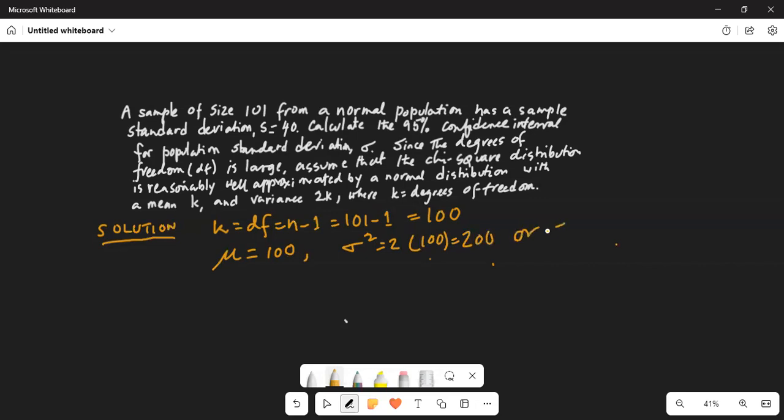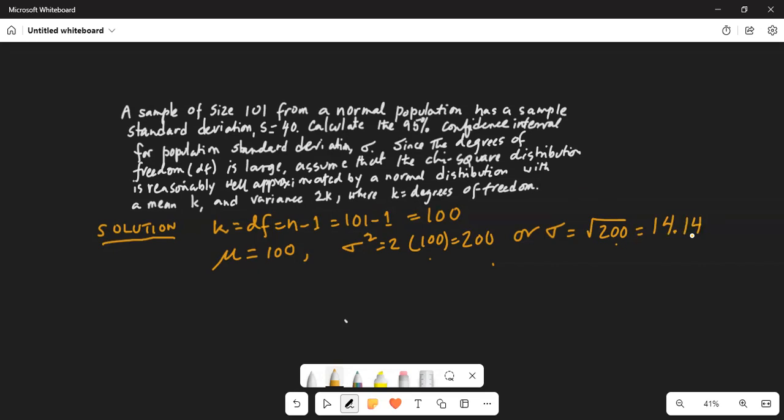So the standard deviation is the square root of 200. In our calculator, we press the second button and then the X square button in the first column. Inside the square root, type in 200. Because the variance is 200, the square root of that is the standard deviation, and the answer is 14.14.